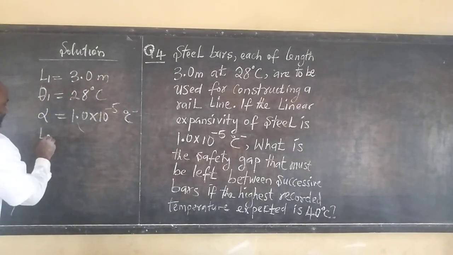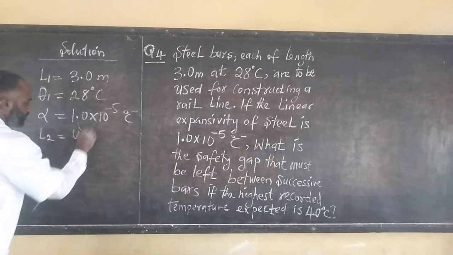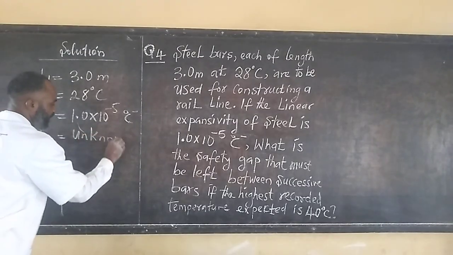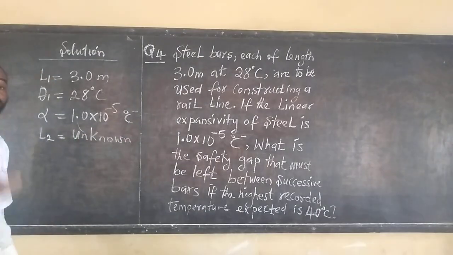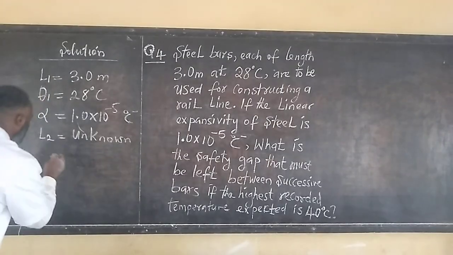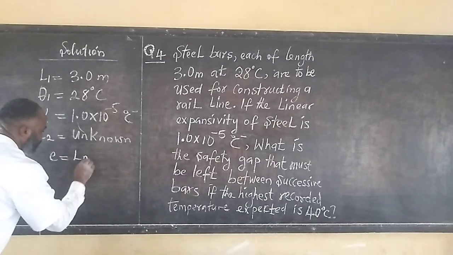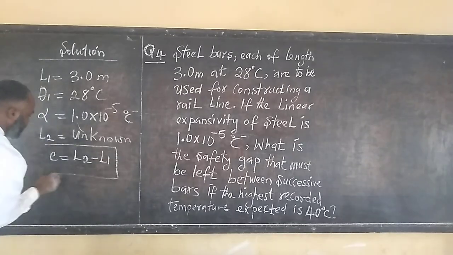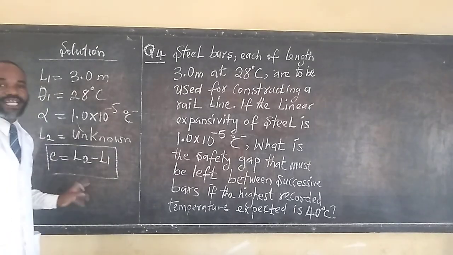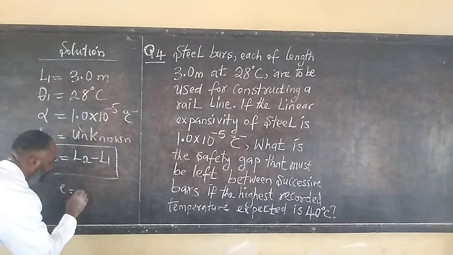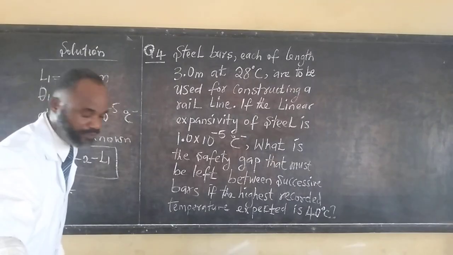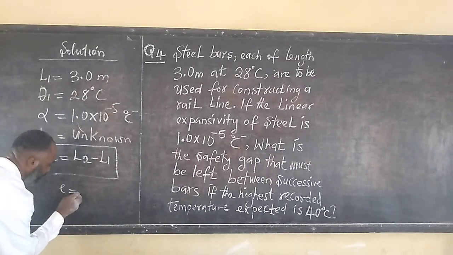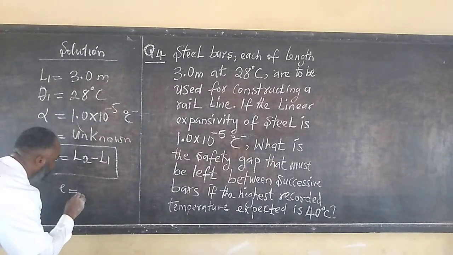We must find L2, which is unknown. After finding L2, we now find expansion, which is E equals L2 minus L1. So take note of this. It's very, very important. Once we get this, E represents the safety gap we're looking for. The expansion that occurred represents the safety gap.